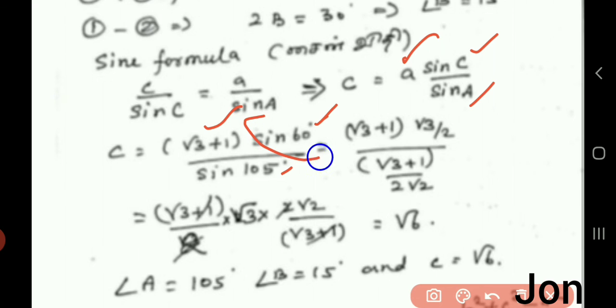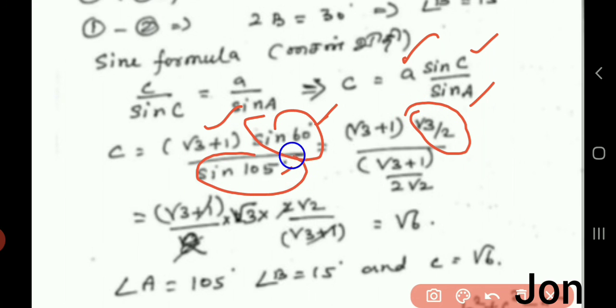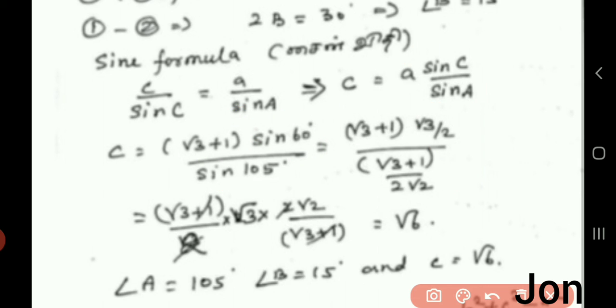Here sin 60 is root 3 by 2. And sin 105, we can find the value by the trigonometrical values. 105 is nothing but 90 plus 15, isn't it? So sin of 90 plus 15 is cos 15. We have the value of cos 15 is root 3 plus 1 by 2 root 2. So substitute that value here and then simplify.